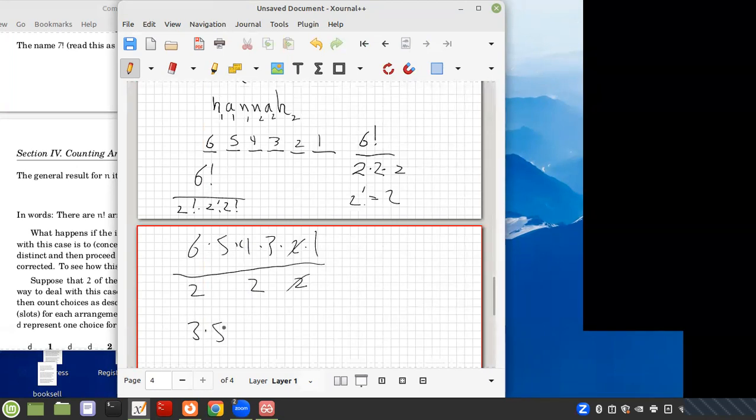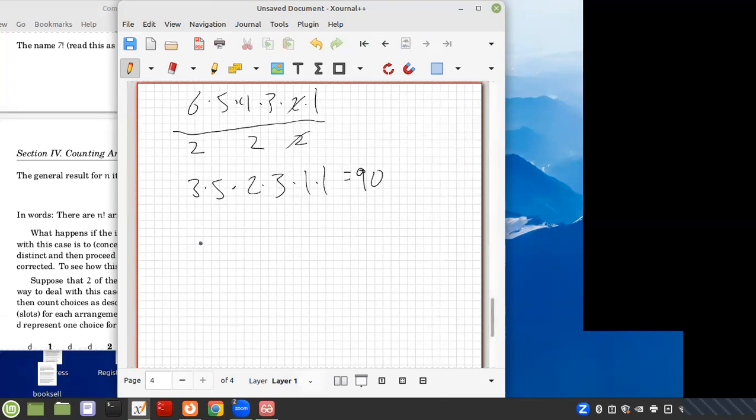So I have 3 times 5 times 2 times 3 times 1, because this goes to a 1, so to speak. This 4 went to a 2. So 2 5s is 10, 3 times 3 is 9. So I'm going to have 90. Yep. Okay.